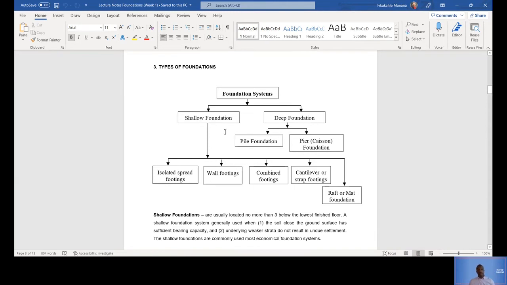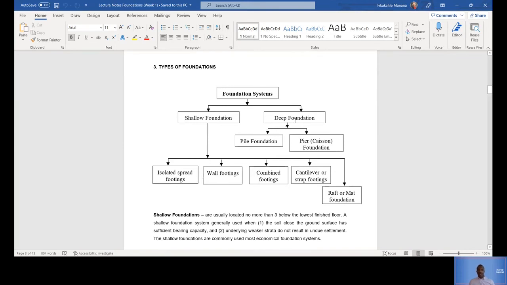That's how we separate them. Now, under the shallow foundations, the types will be isolated footings, wall footings, combined footings, and cantilever footings. We'll talk about each one of them to get a deeper understanding of each. Don't worry about it.